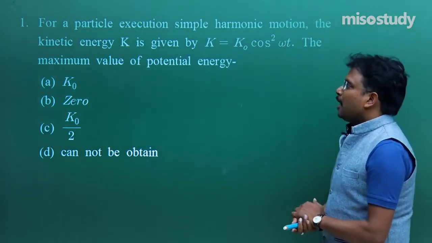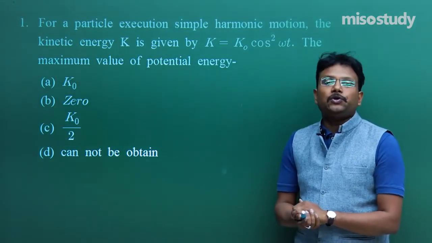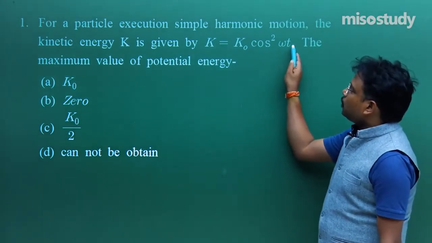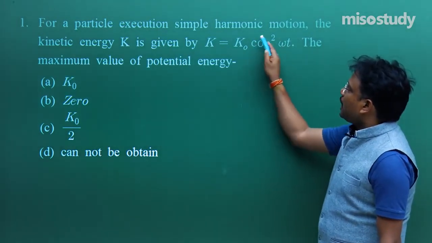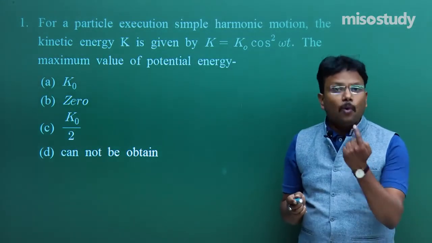As you know, simple harmonic motion itself is represented using a sinusoidal function. So here if we want to find the maximum value of this function, then for cos or sine it's going to be 1. Fine.